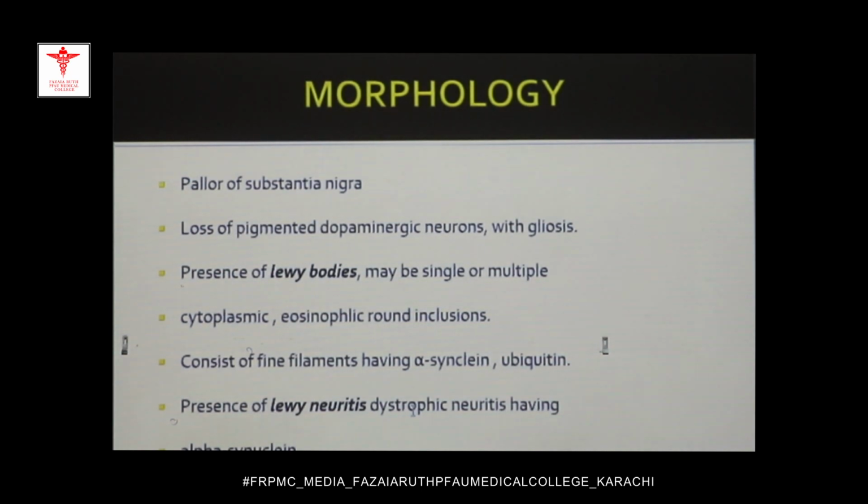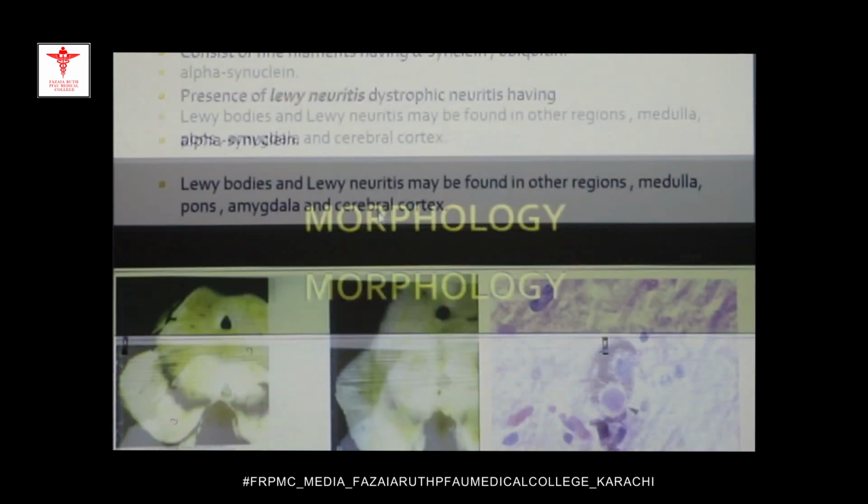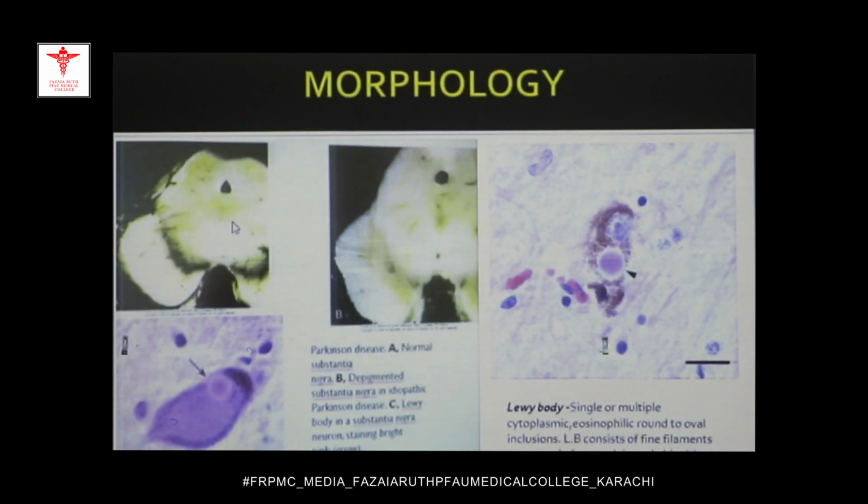Now, as far as the morphology is concerned, there are two important things. There's pallor of the substantia nigra. You see over here, the dopaminergic neurons which are pigmented are lost. This is the normal one, and you see the pallor over here. And then there is formation of Lewy bodies and Lewy neurites.